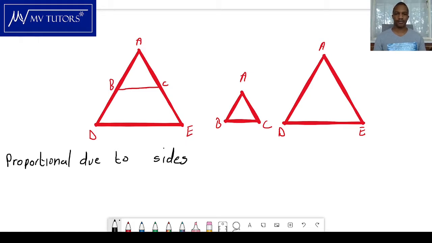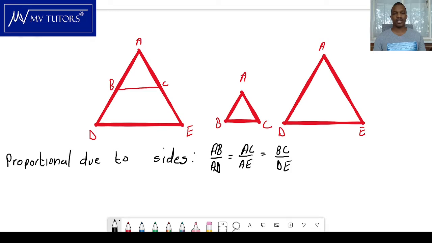It says AB divided, so that's AB divided by AD on the big one, is equals to AC divided by AE on the big one. And it's equals to BC on the small one divided by DE.